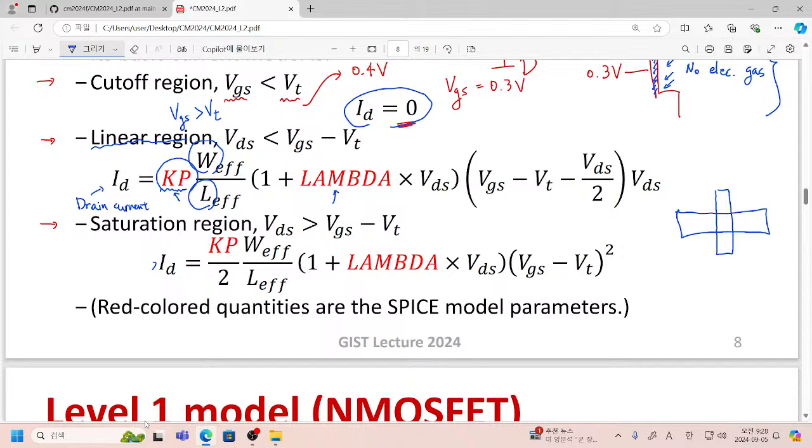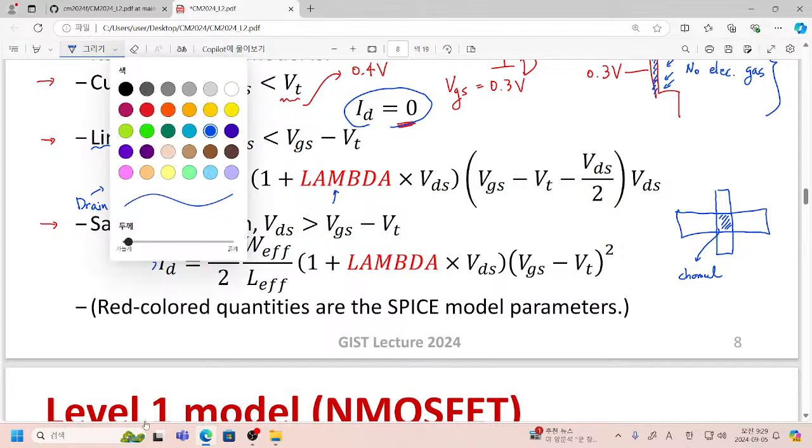If you just make an intersection between these two rectangles, then the central part, the intersection part, is regarded as the channel of your device.